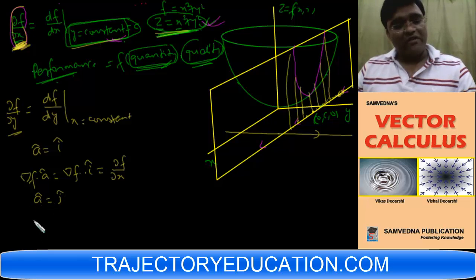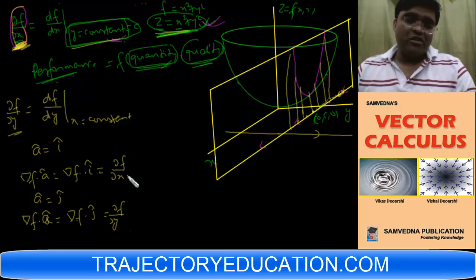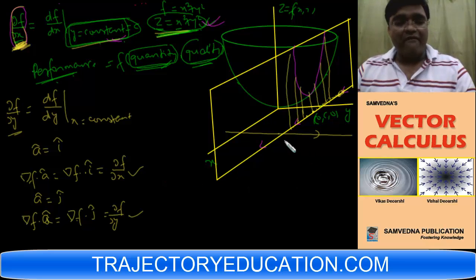When you are moving parallel to the y-axis, your unit vector in that direction is j, and del f dot j gives you this, since a is j. So these are again very special kinds of partial derivatives.